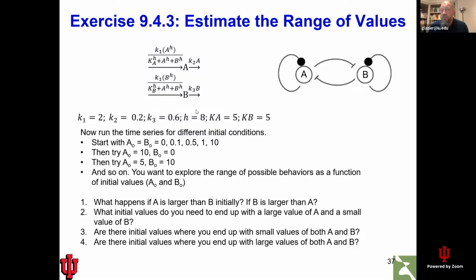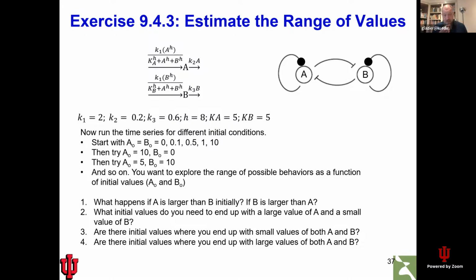Now, in this case, if I look at A and B, I know that these Hill functions are going to effectively confine the values of A and B to being between 0, they're always positive, and the Hill function switches when A is equal to K, and it saturates when A is about twice K. And so if I've set Ka and Kb equal to 5, I expect A and B to range between 0 and 10.